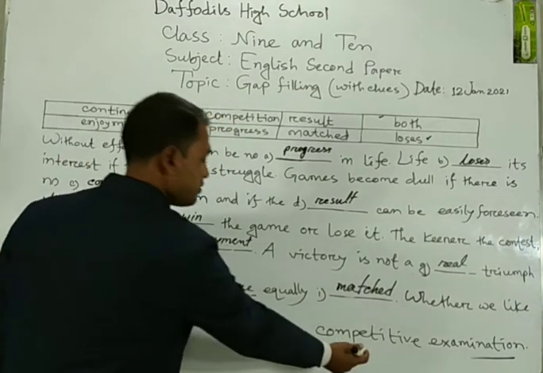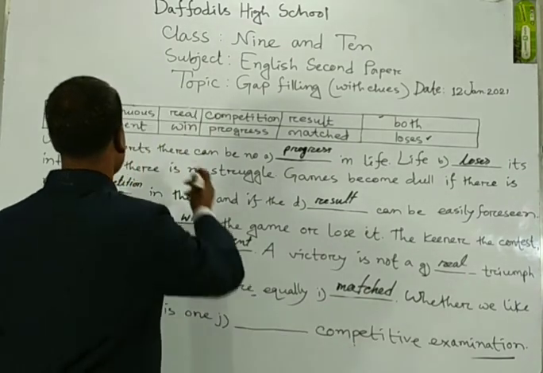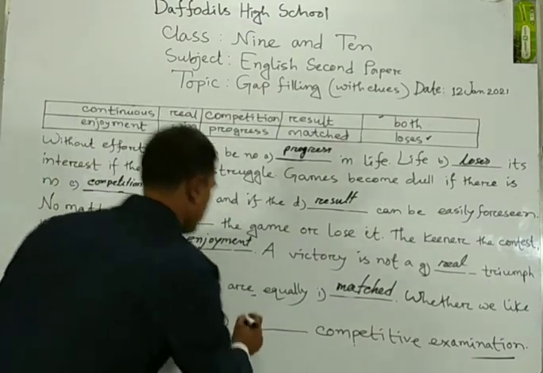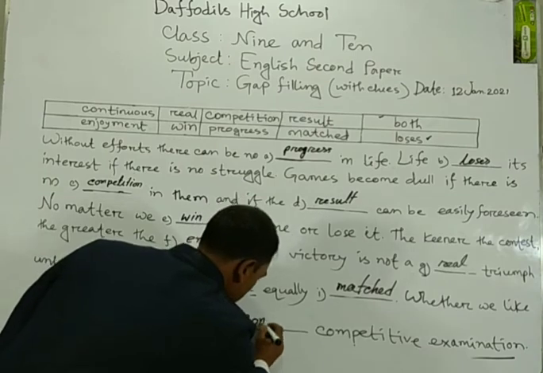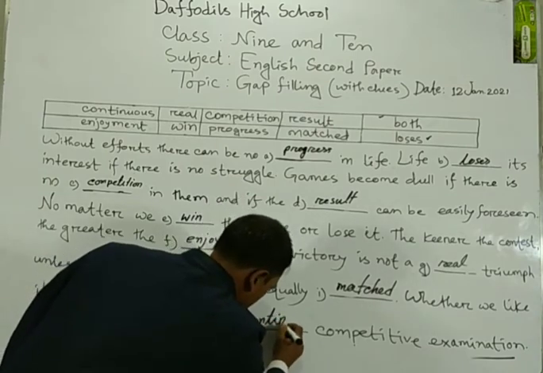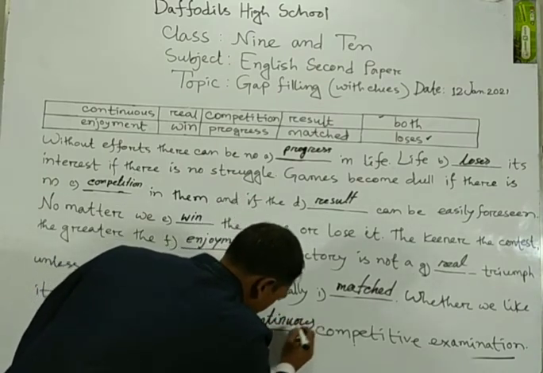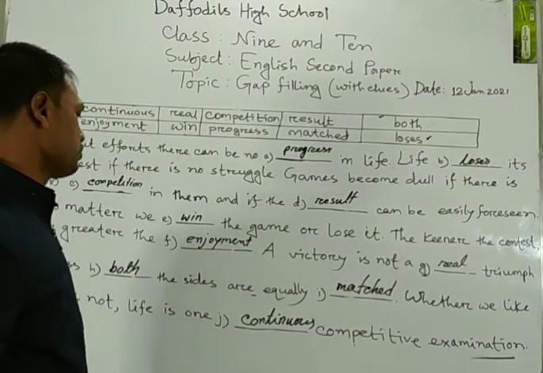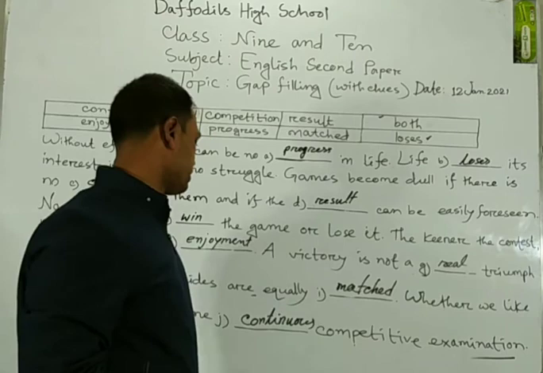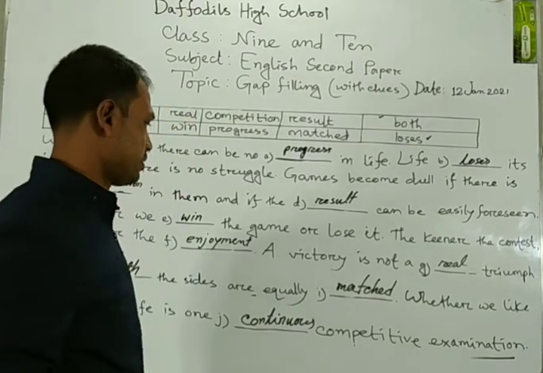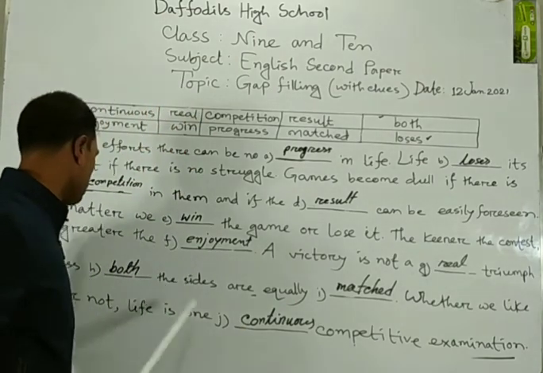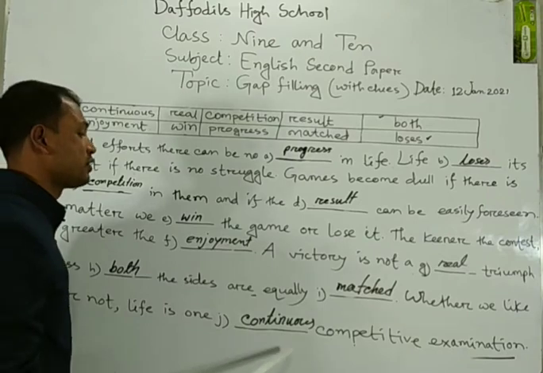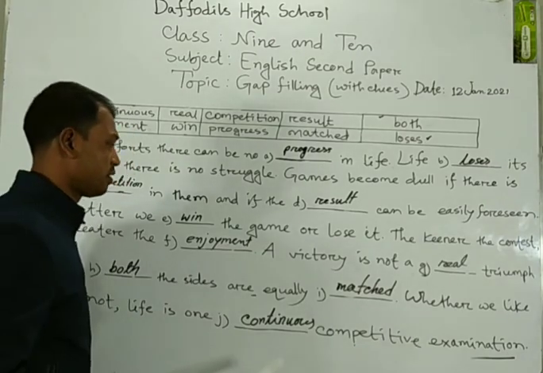Here one adjective is present and another adjective is continuous. If we read this line, we can find out the meaning of this sentence. Whether we like it or not, life is one continuous competitive examination.